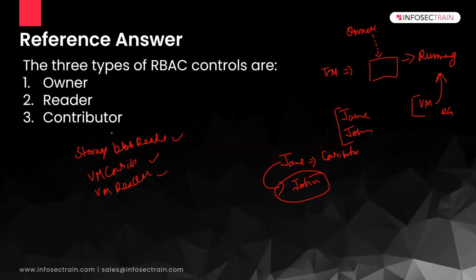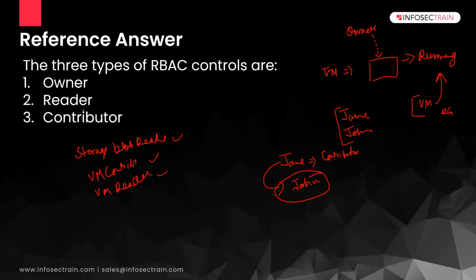But the base is the same: owner, reader, and contributor are the very basic roles, and in the end these are going to take preference. These are the three basic and classic roles.